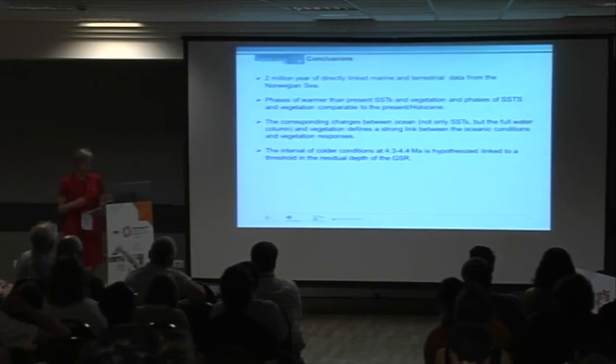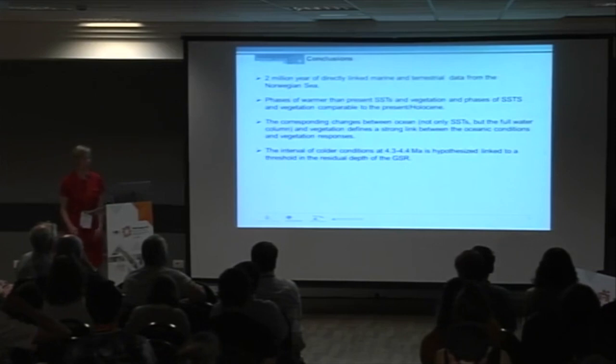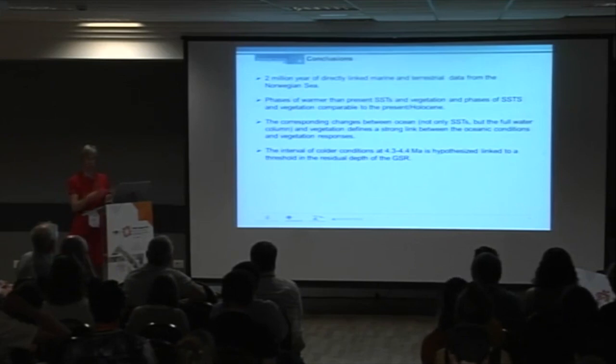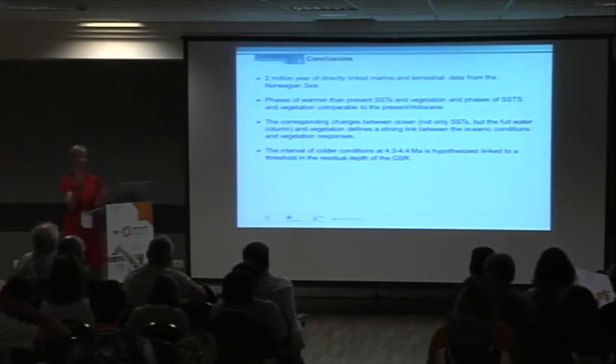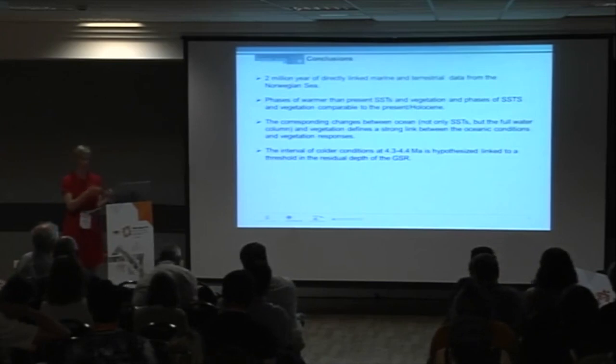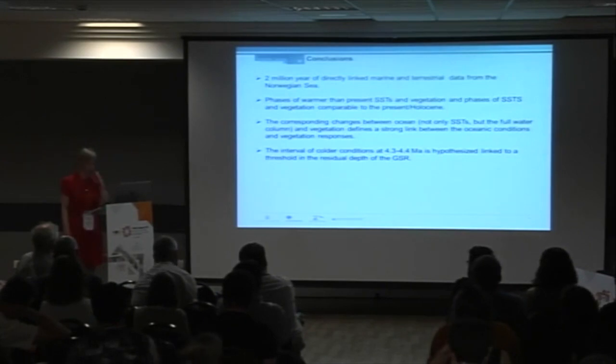And the corresponding changes between the ocean and the vegetation indicate that we have a very strong link between what's going on in the Nordic seas and in the ocean, but also how that reflects into the vegetation changes on land. And since the oceanographic changes that we see in the Nordic seas are so different from what we see in the North Atlantic, this is probably also quite locally linked to the Nordic seas.